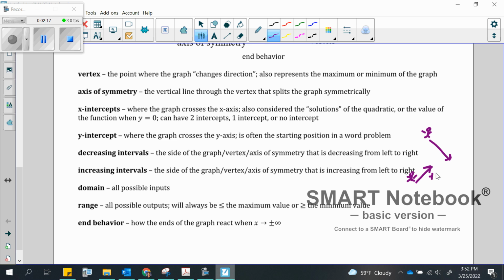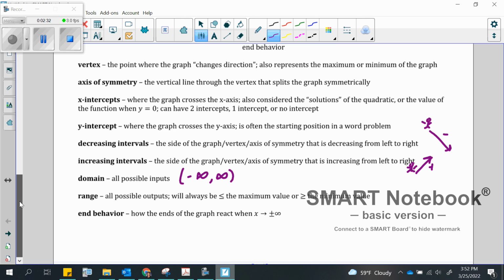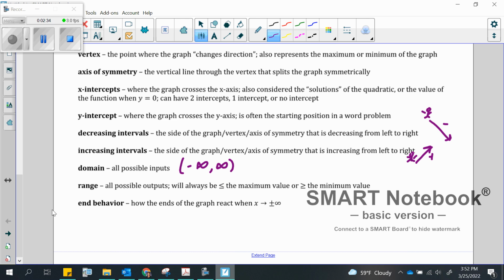So increasing, decreasing. Domain, all of our input values. We typically write our domain in interval notation. For a quadratic, our domain is always going to be, unless it's a word problem, negative infinity to infinity. The range, on the other hand, can change. We'll talk about that, but that's all of my y values or my outputs.